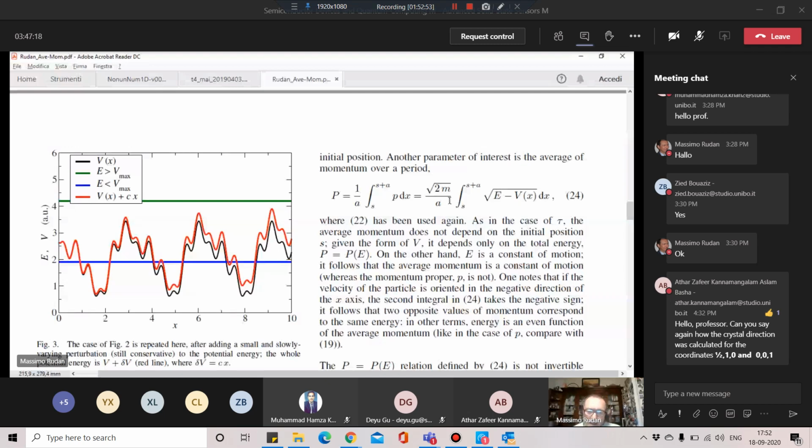So you have to pay a price when you use average momentum instead of momentum. And the price is the relation between energy and momentum is not quadratic anymore. It may become more complicated, okay? But we can survive this, okay?